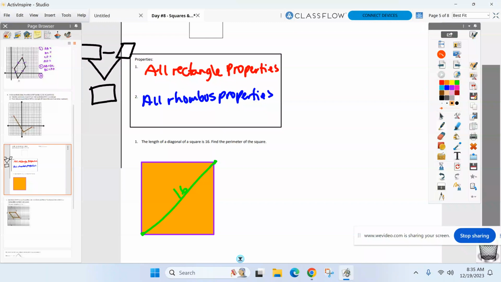Your answer should be in radical form. So what else do we know is true? Can I add different pieces in? But I need to find what all 4 sides add up to. And if you know one side of the square, you know them all.